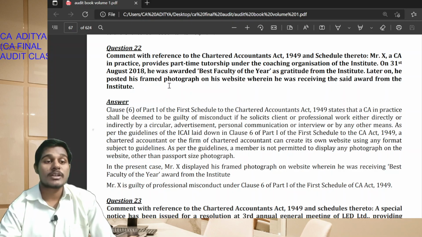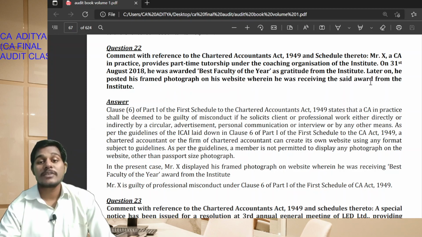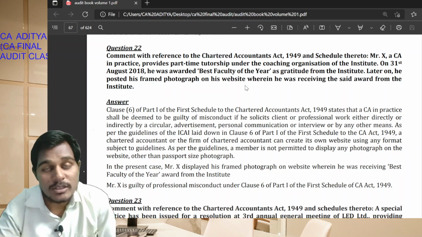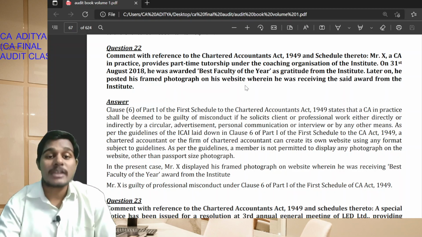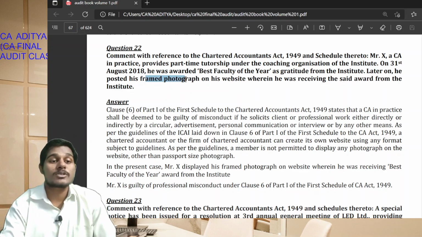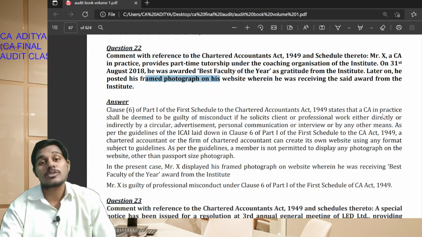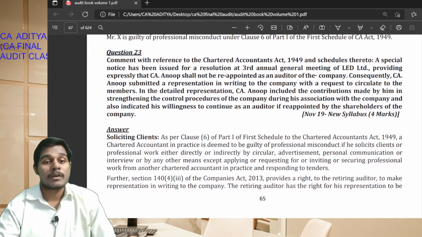Later on, he posted a framed photograph on his website wherein he was receiving the said award from the institute. Only a passport size photo shall be posted on the website. Since in this case he has posted a framed photograph, he will be guilty of professional misconduct. Comment with reference to the Chartered Accountants Act.